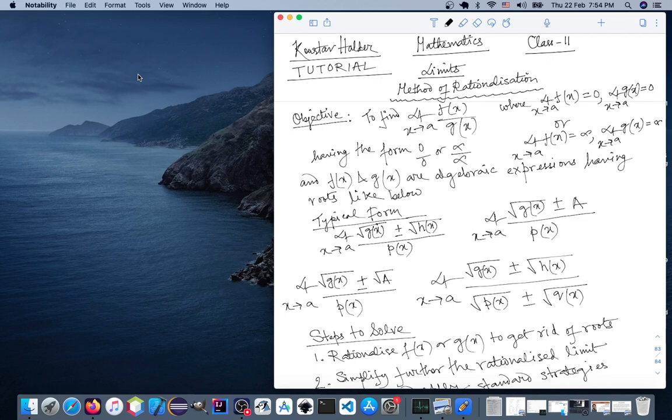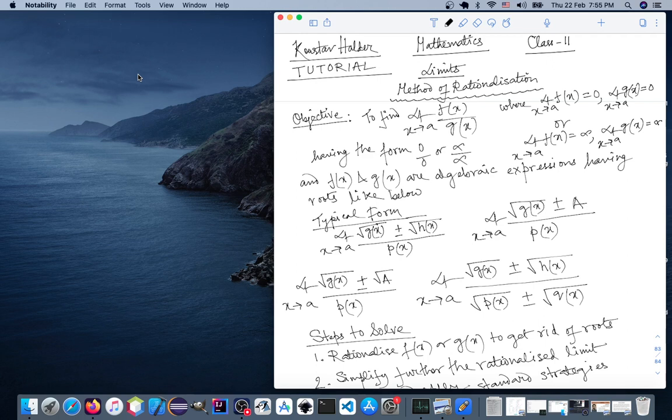Or it can be of the form root over g(x) plus minus root over a by p(x), or of the form root over g(x) plus minus root over h(x) divided by root over p(x) plus minus root over q(x), where q(x) is also an algebraic term.